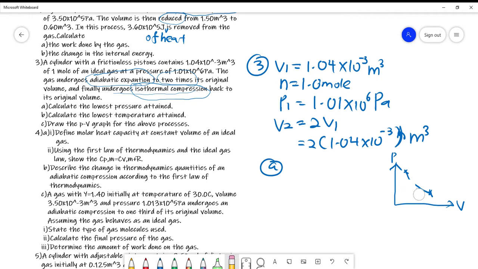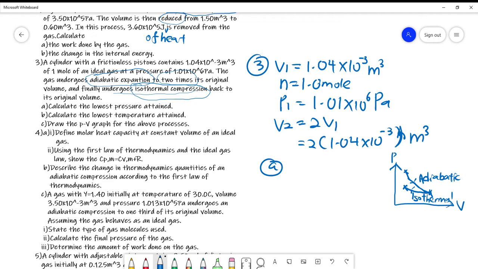Let me just draw it more accurately. So this is adiabatic, and this will be my isothermal process. Okay, so this is the first one, and this will be my second one.